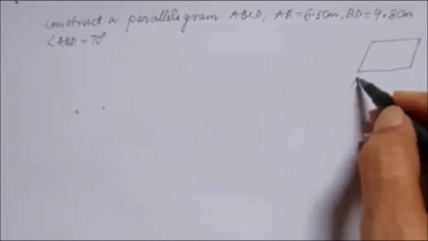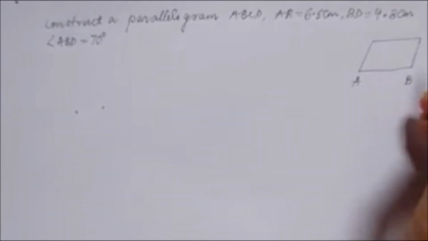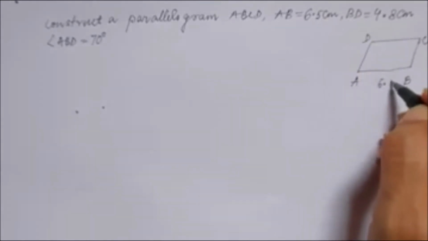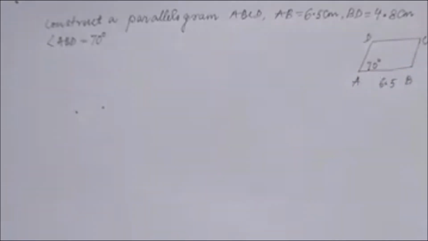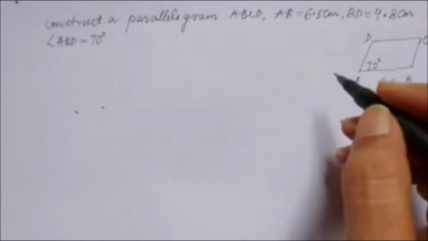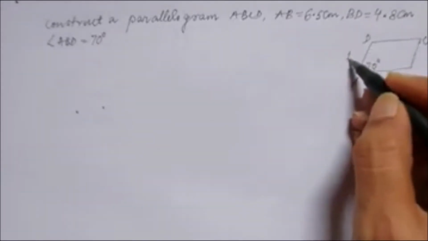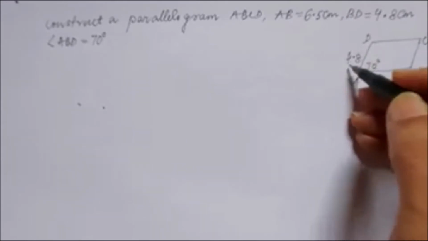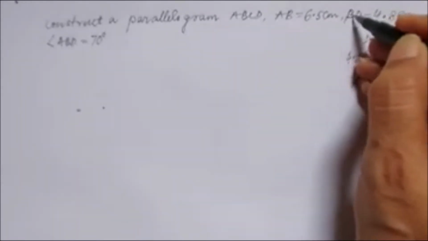So A, B, C, D. Now this is 6.5 centimeter and this angle is 70 degree, and AD is equal to how much? AD is equal to 4.8 centimeter. It's AD, it's not BD, it is AD.